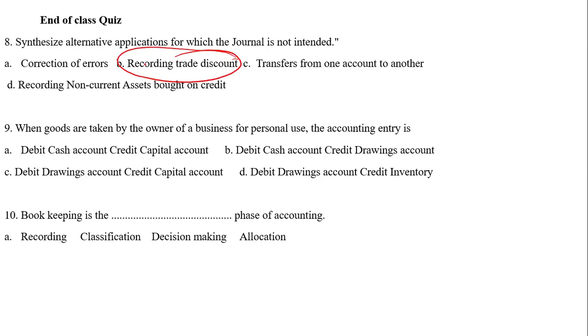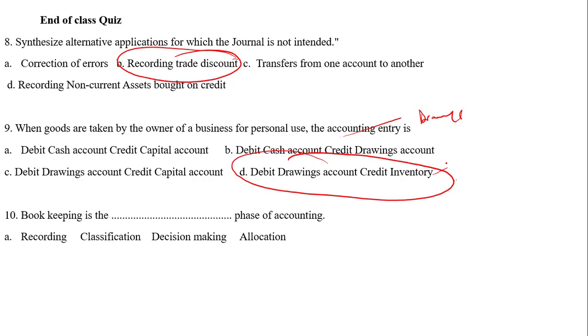Which goods are taken by the owner of a business for personal use? The accounting entry when goods are taken by the owner of a business for personal use, we have underlined that when we were doing our example. We talk about drawings, where we debit drawings and credit inventory.